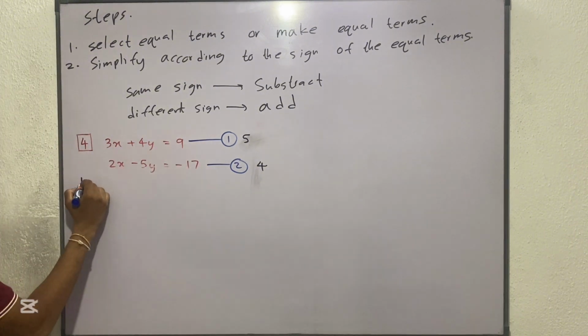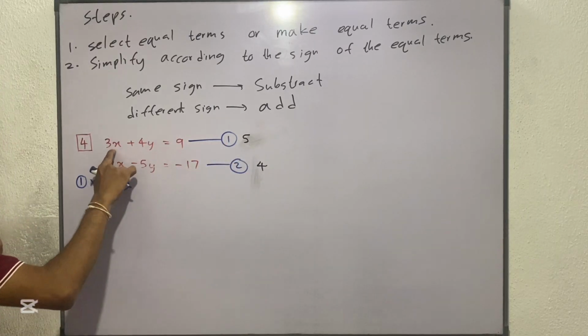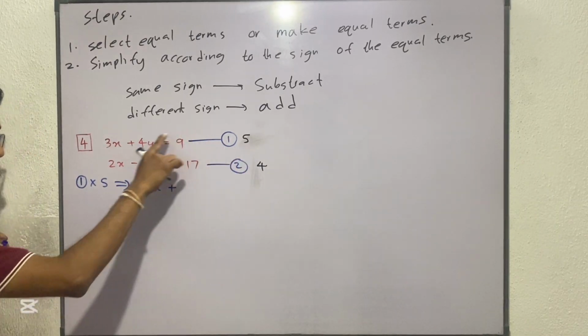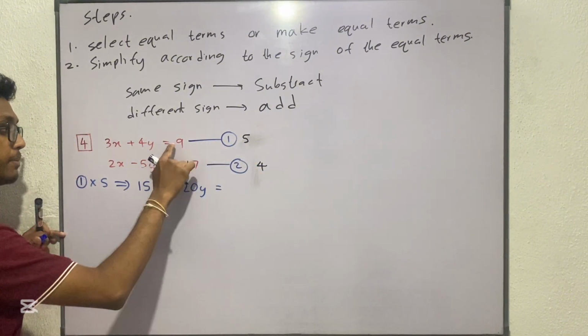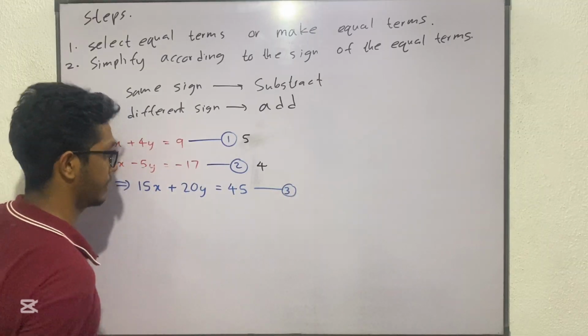Right. I am going to multiply the first equation by 5. 5 times 3x, 15x, plus 5 times 4y, 20y, equals 5 times 9, 45. That is my third equation.